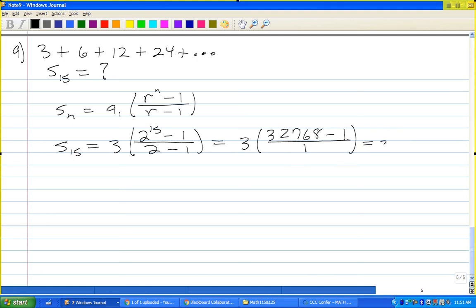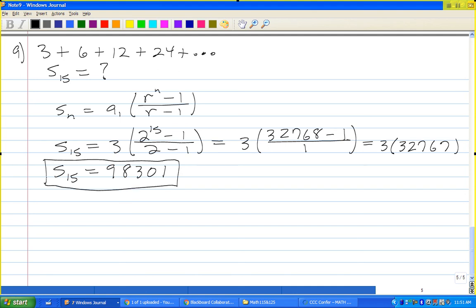So this is equal to 3 times 32,767, which is 98,301. So if you add up the first 15 terms of this sequence, you get 98,301.